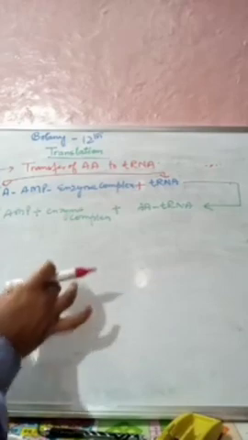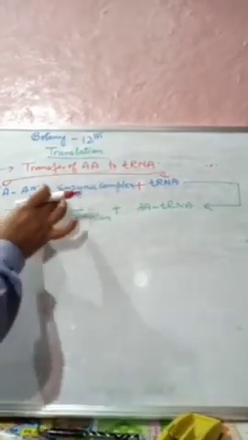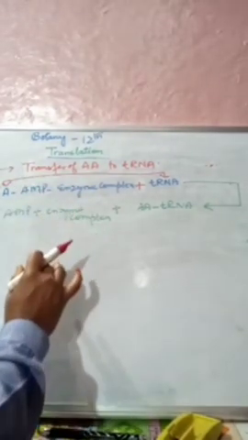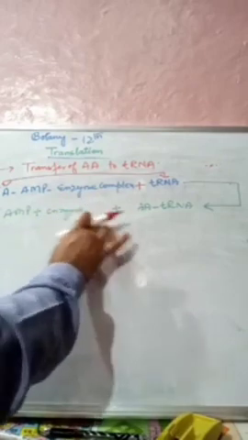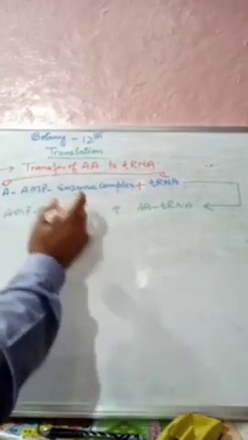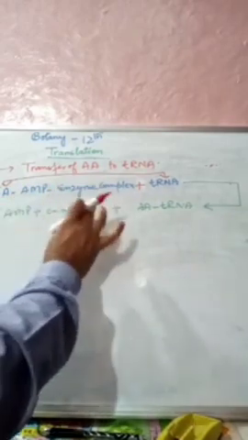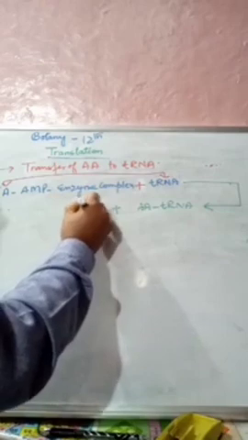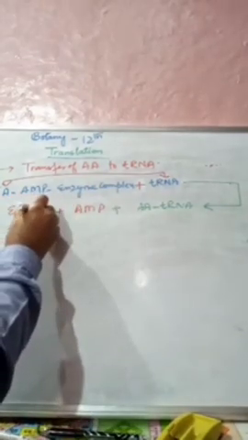As a result, the enzyme and AMP are liberated. They separate; now it does not remain a complex. So we will write AMP plus enzyme, they are liberated.